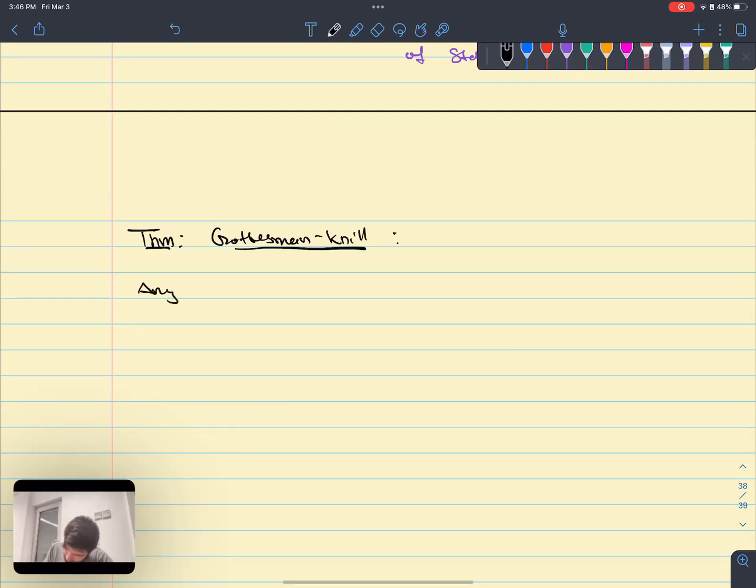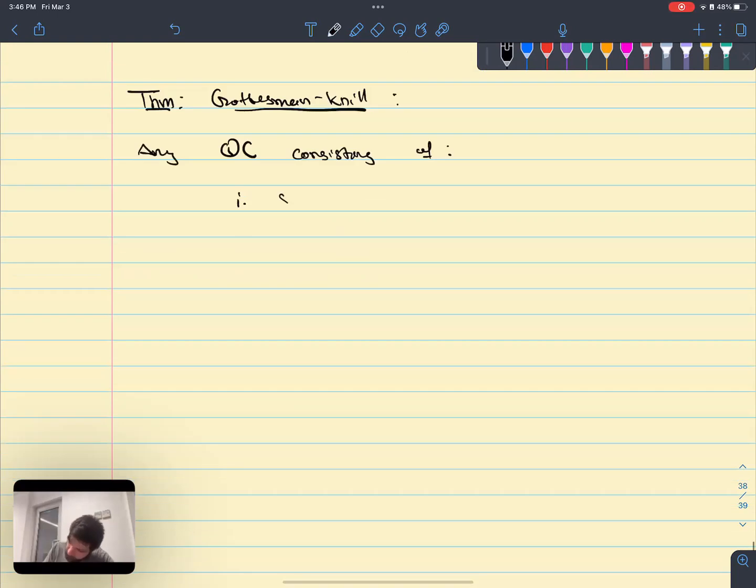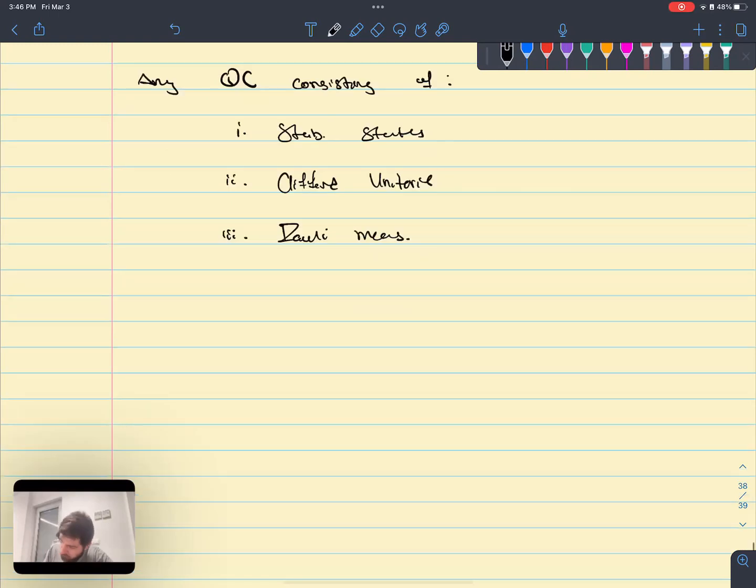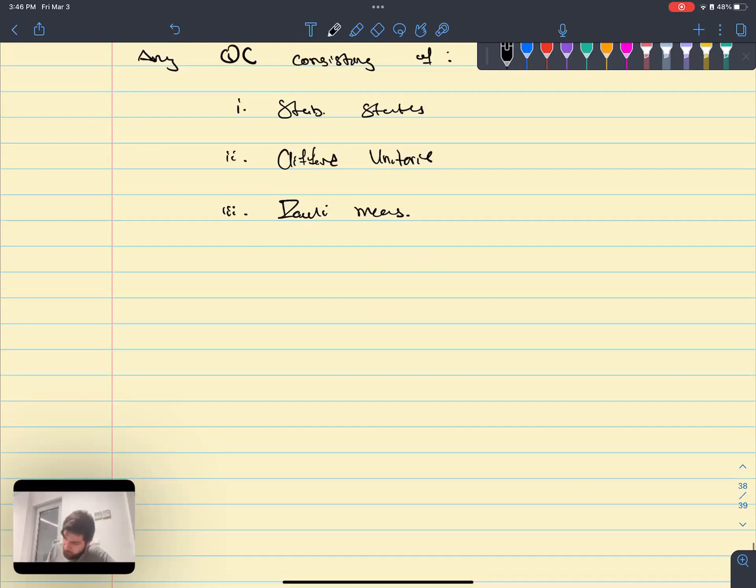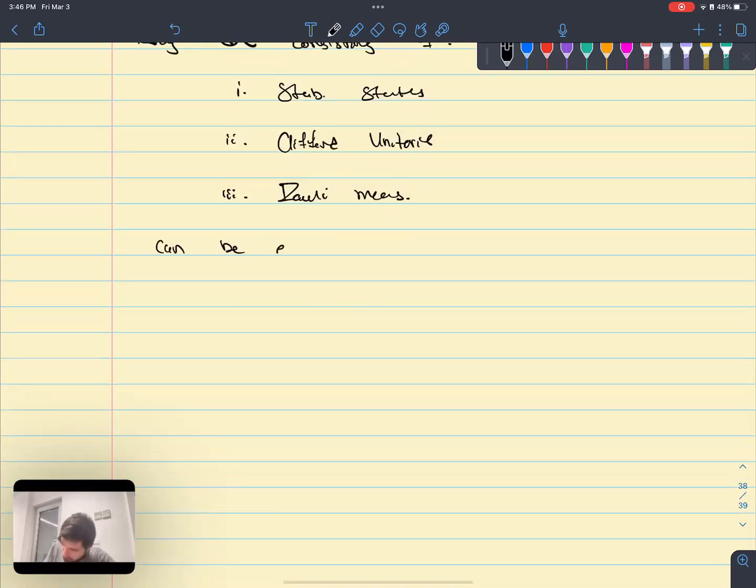Any quantum circuit consisting of stabilizer states, Clifford unitaries, and Pauli measurements can be efficiently simulated, in Pauli space and time, on a classical computer.